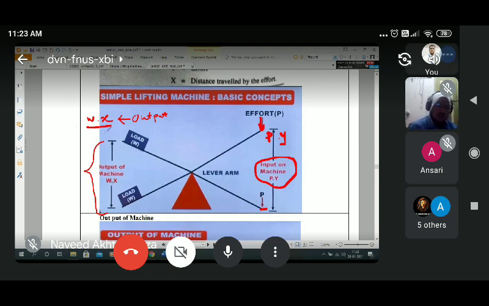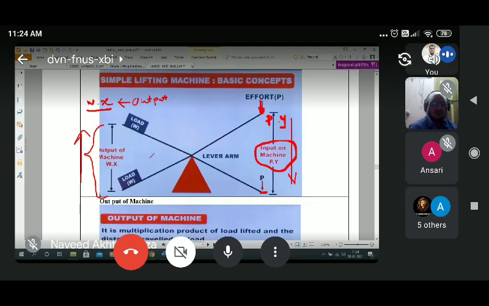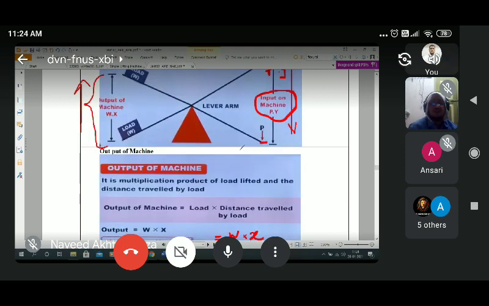And the effort is the input of the machine. The effort we applied to lift the load is the input, and the load that is lifted is the output. Similarly, everywhere when we provide some input, we get some output. So here the output of the machine is W into X, and the input of the machine is P into Y.